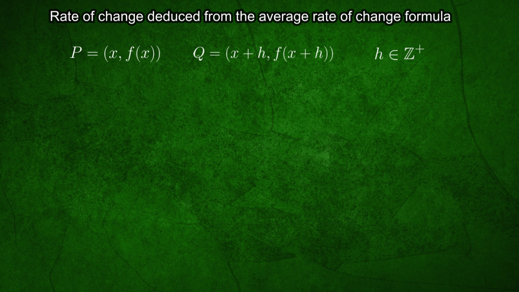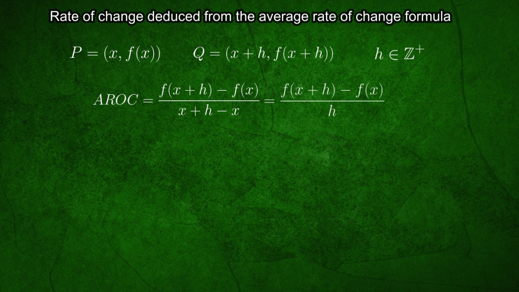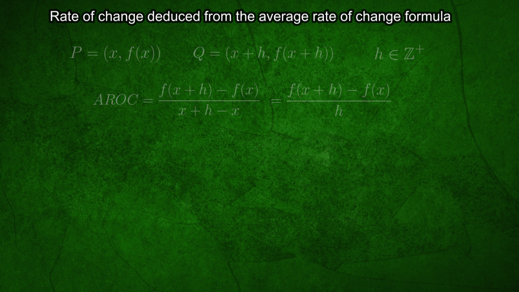Thus, if we take the average rate of change of those 2 points, we get f of x plus h minus f of x divided by x plus h minus x. And once we simplify, we obtain the expression f of x plus h minus f of x divided by h.